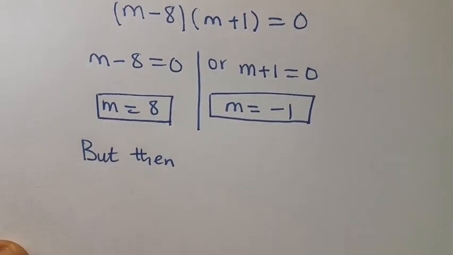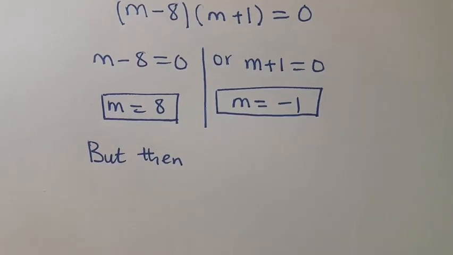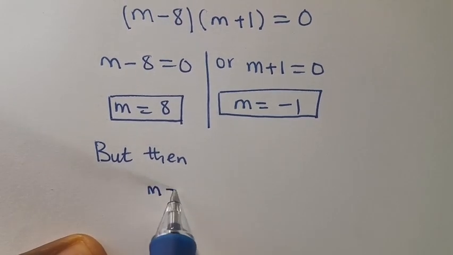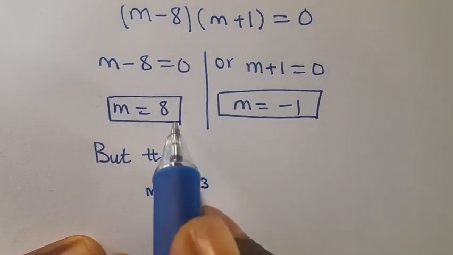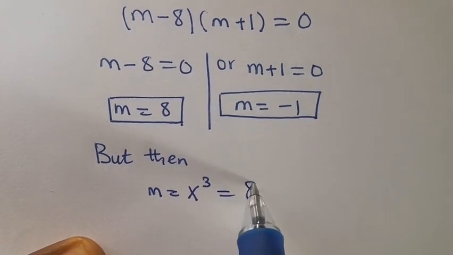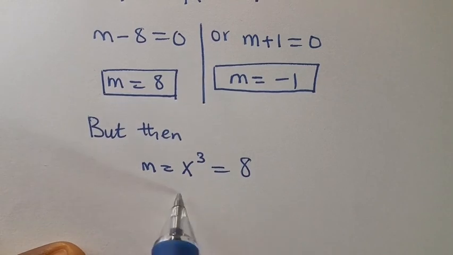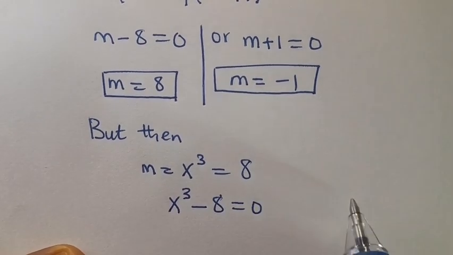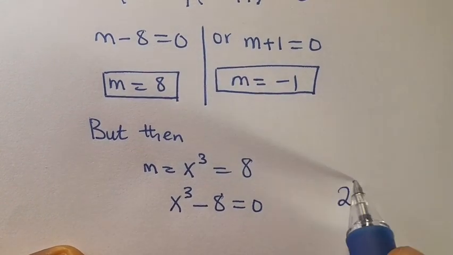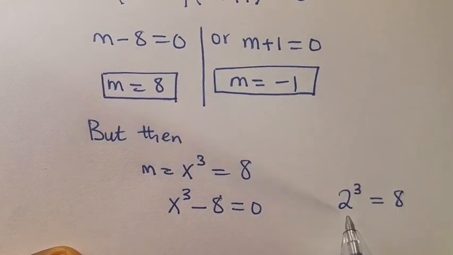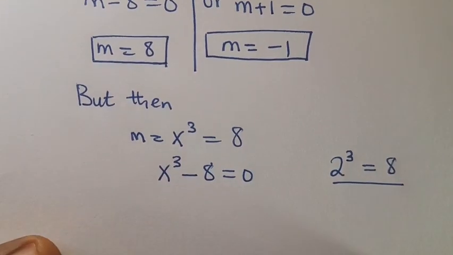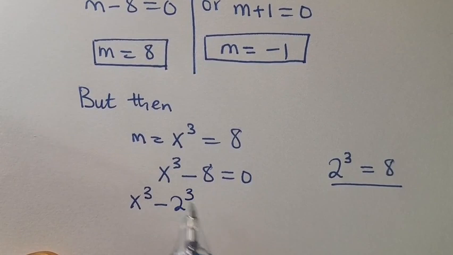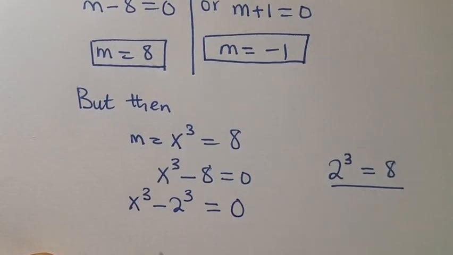So therefore, we're going to have it here to be m equals 8 equals x cubed, which implies that x cubed minus 8 equals 0 by rearranging it. But mind you that we can have 8 to be in base 3 as 2 raised to the power 3. So we have it to be x cubed minus 2 raised to the power 3 equals 0.